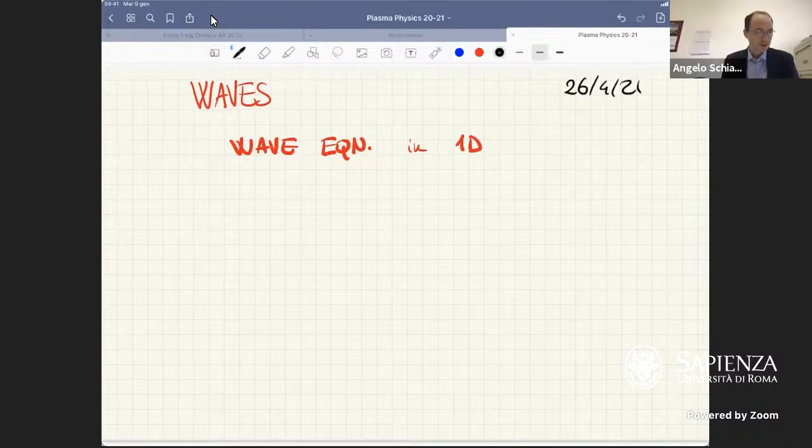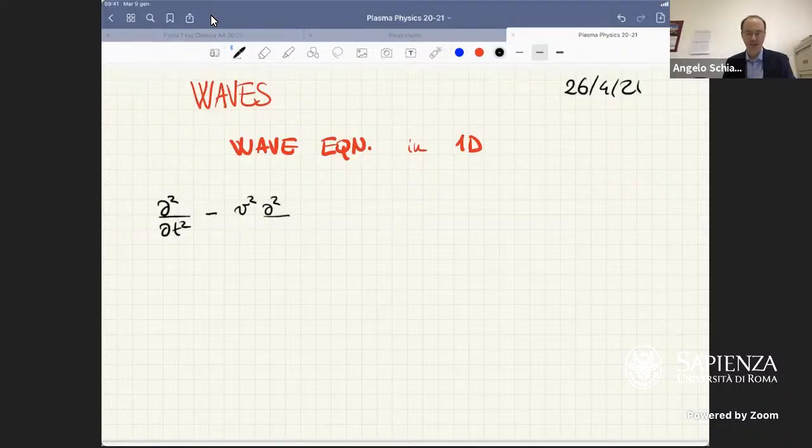Okay. So the equation is the second derivative with respect to time minus v squared, which is going to be the characteristic speed of the wave, times the second derivative with respect to space.